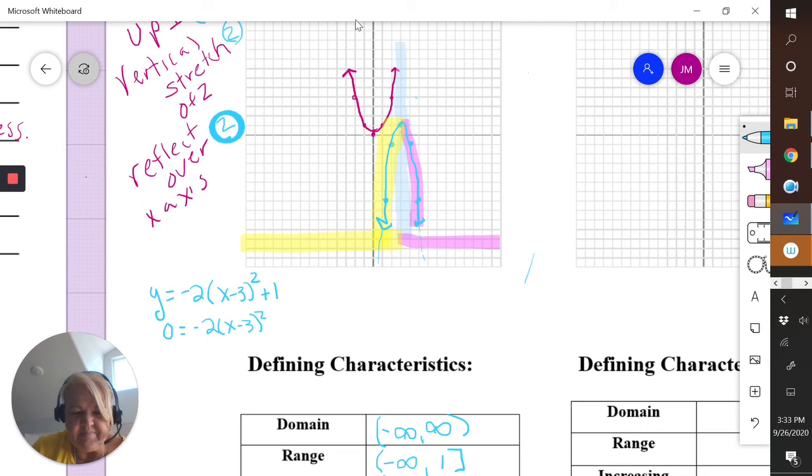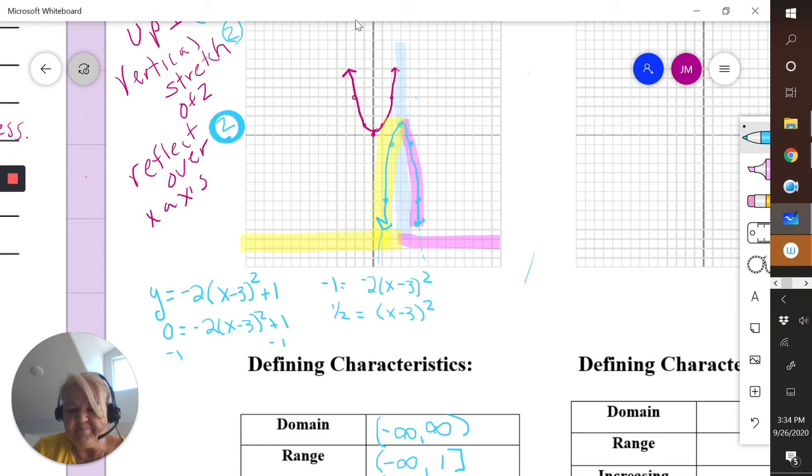I'm going to start by subtracting 1 from both sides. So I have negative 1 equals negative 2 times (x minus 3) squared. Don't FOIL this out. A lot of people try to FOIL this out, and you don't want to do that. Now divide both sides by negative 2. So I get 1/2 equals (x minus 3) squared.